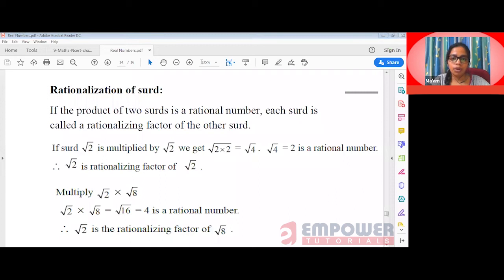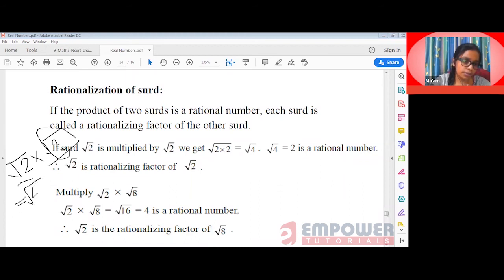So basically what we are doing over here is converting this irrational form of number into rational form by just multiplying by its rationalizing factor. You multiply the number with this same number so that you get root 4, and root 4 is a perfect square.